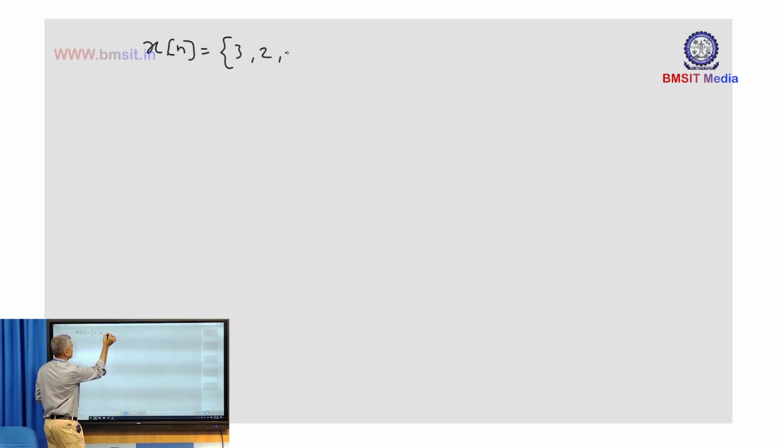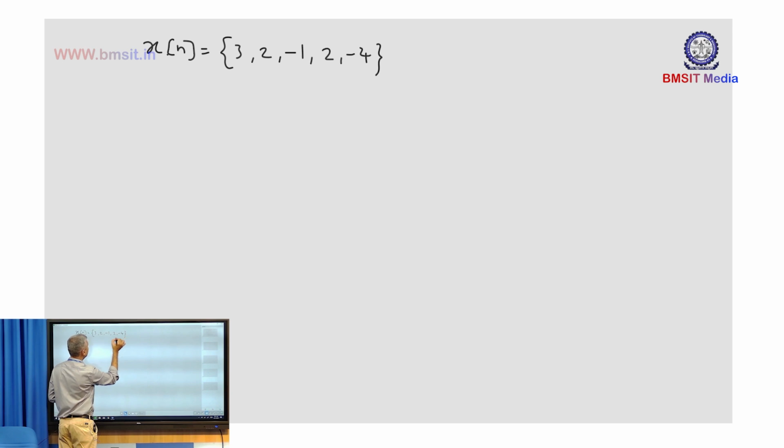Let's take another example. Let the signal x of n be 3, 2, minus 1, 2, minus 4. In this case, let us assume the origin to be at the 2 location.